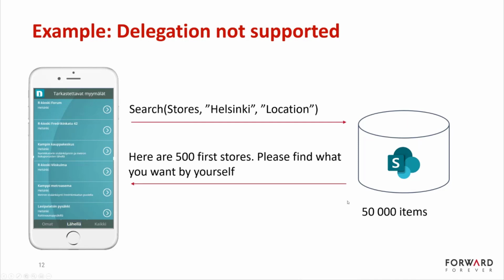It might be that inside these first 500 items there is something between 0 and 500 stores located in Helsinki, but definitely we are dealing with a subset of the real items that are stored in our data storage. And that's about delegation and why it's important and why it's kind of dangerous.